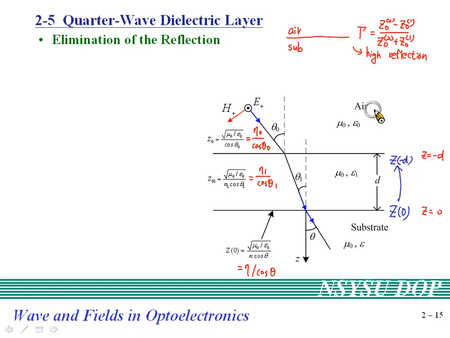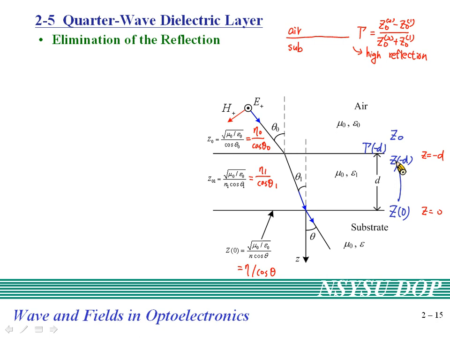Above this interface, it will be the characteristic impedance of Z sub 0. Between these two materials, we will have the corresponding reflection coefficient gamma of minus d. And of course, you can find the value of gamma of minus d from these two parameters.